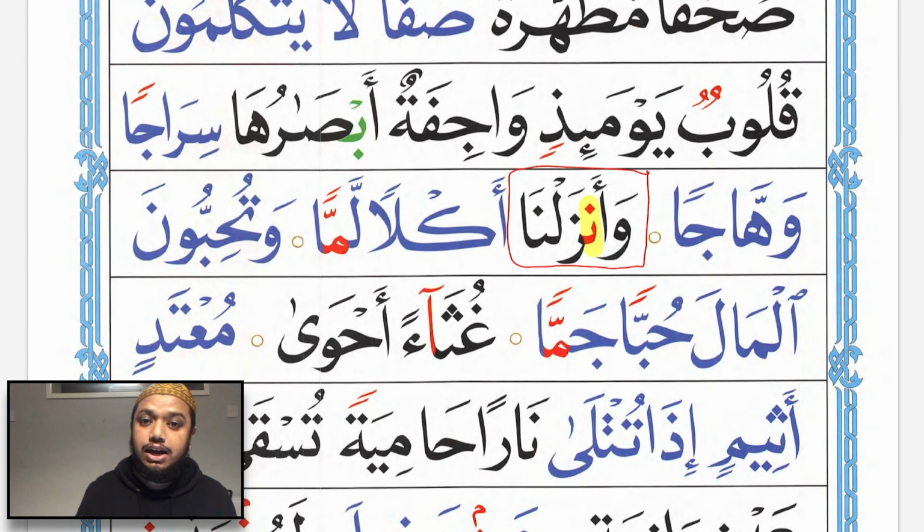I'm not doing idhar. I'm not saying wa anzalna with a clear noon, but at the same time I'm not doing idgham. I'm not merging the noon completely into the za. I'm not saying wa azzalna. I'm hiding the noon, a happy middle. Wa anzalna. I'm hiding it by doing ghunna for two harakat.